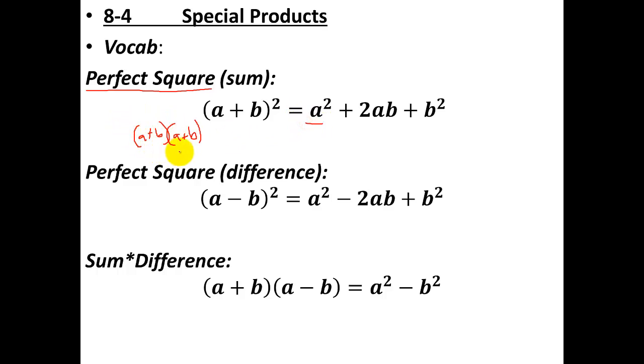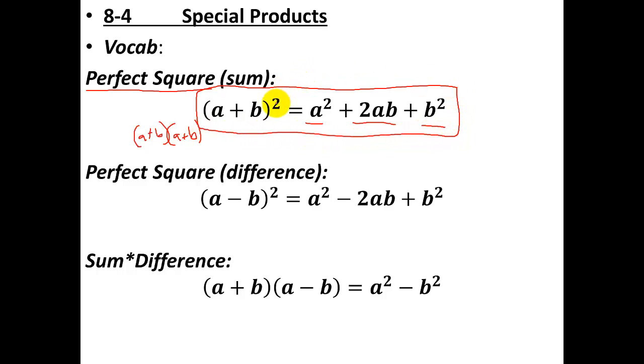The outside is a times b, the inside is b times a, but a times b and b times a are actually the same thing. So when you combine them together, you get 2ab, and then the last times the last is b squared.